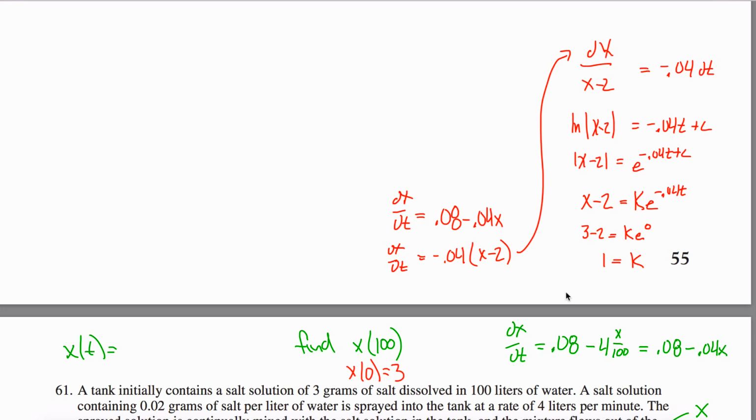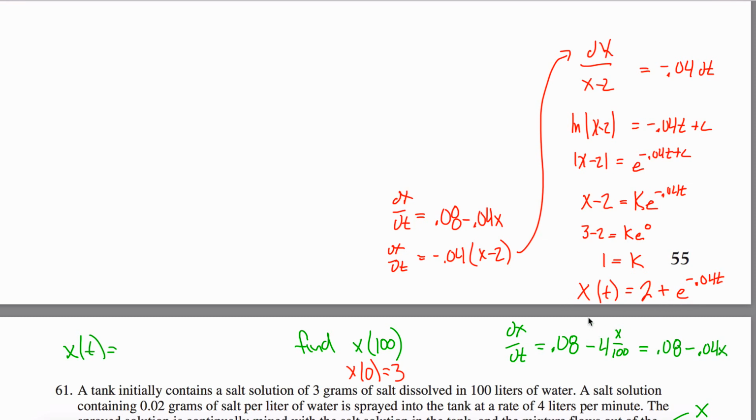So I can use this form right here and get that x of t is equal to, if I'm going to write it in function notation, I don't want this minus 2 on this side of the equation, so let's add it over to the other side. 2 plus, and then instead of writing k, I know that k is equal to 1, so I get 2 plus e to the negative 0.04t.